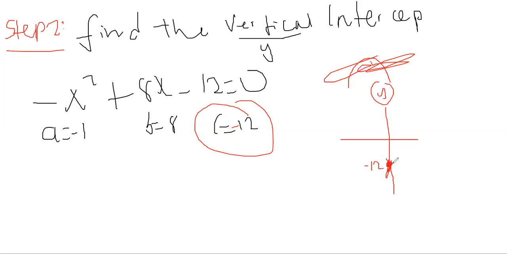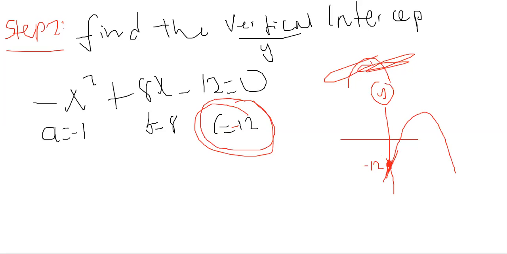We might be thinking that it might look like this, but what is important here is just to know the minus 12. So first we know that it will look like this, and it will cut y here.